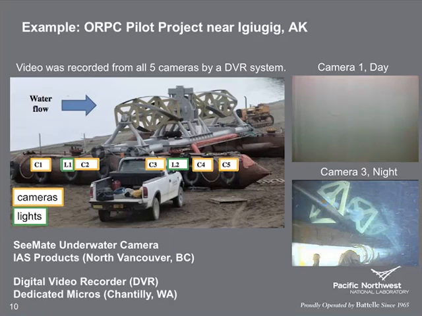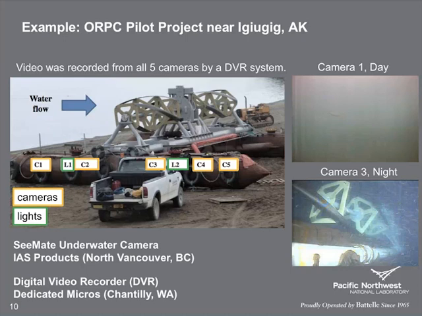And then I'm just going to show you a quick example of an acquisition system that was used by Ocean Renewable Power Company, one of our collaborators. This was a pilot project they had near the village of Igiugig in Alaska, where they put this in-stream turbine in a river, and they included 5 cameras where you can see where those were placed.